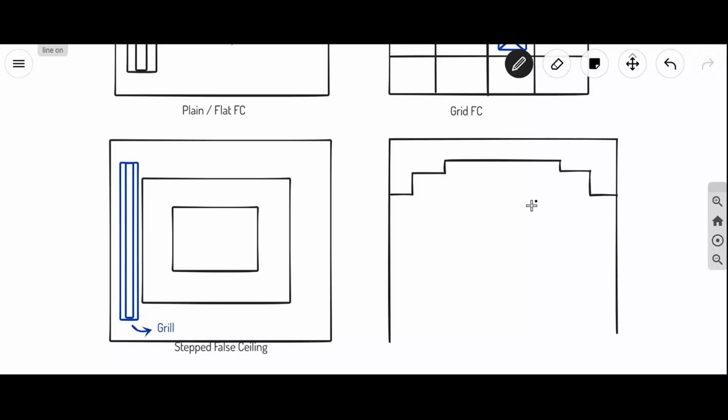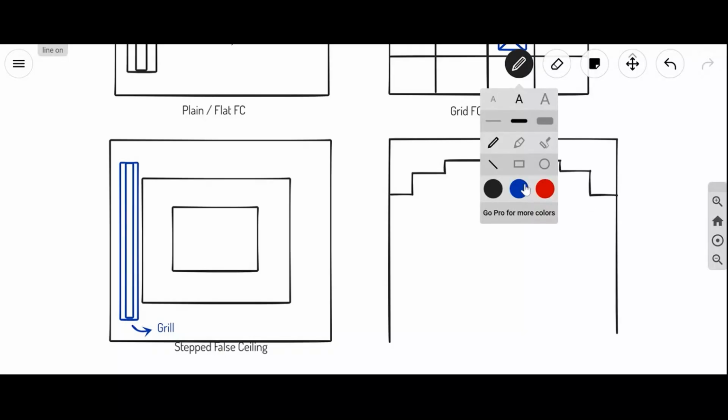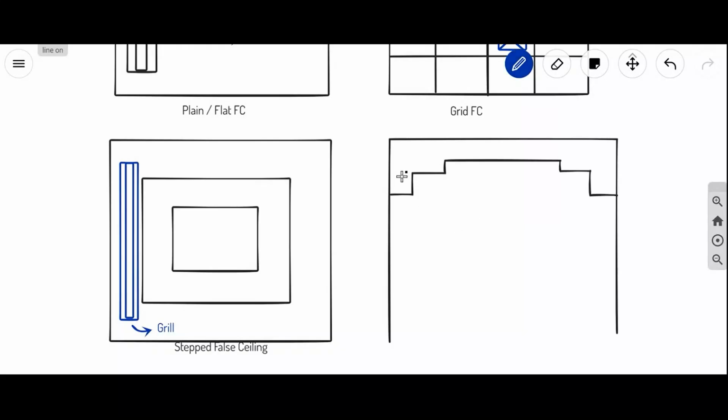So the stepped false ceiling will be like this. So this is grill.